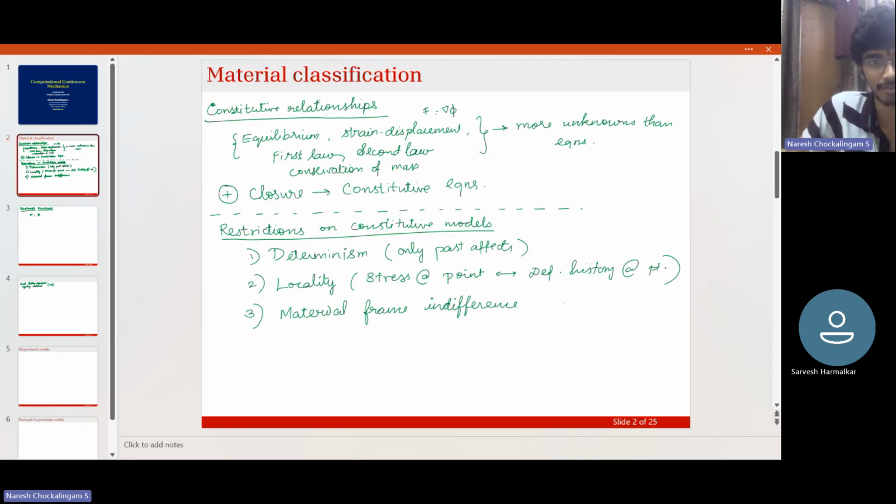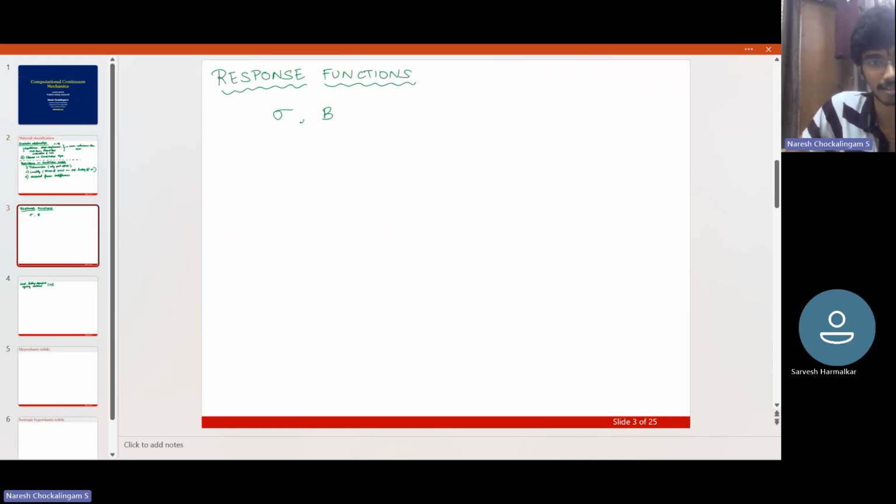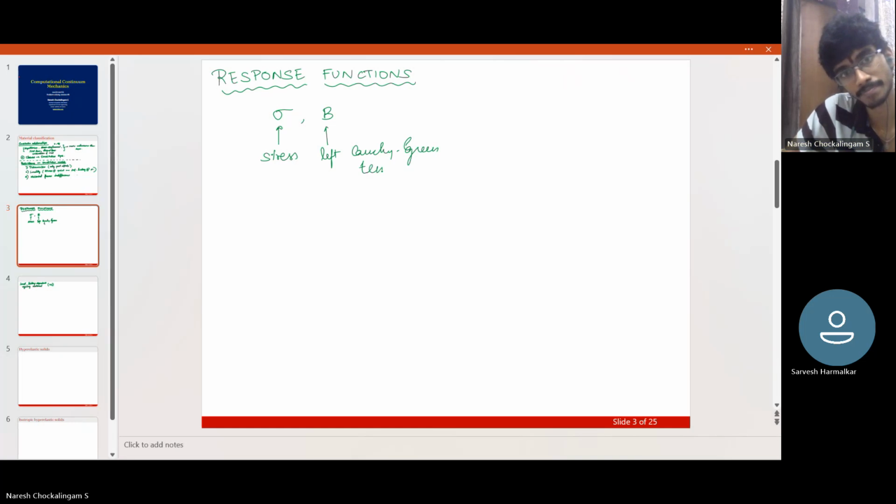We have a lot of unknowns here. This is a mathematical quantity, which is stress, and this is a mathematical quantity, which is the left Cauchy-Green tensor.